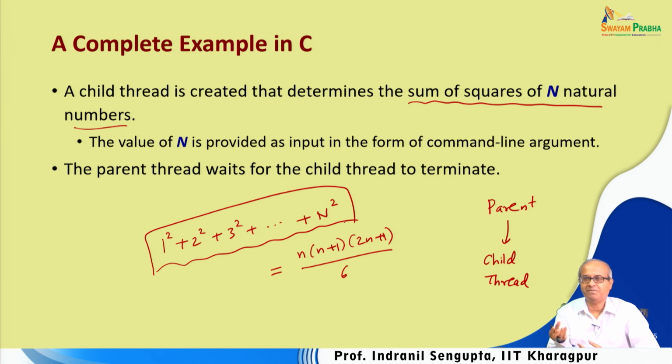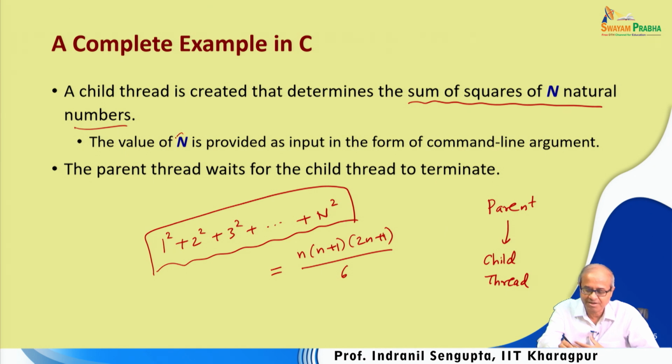After computing the sum, it will store the sum value into that global data, and the parent will simply take the data out of there and print it, but it will check whether the child thread has terminated or not. Terminated means this calculation is complete and it has stored the data; only then it will print.